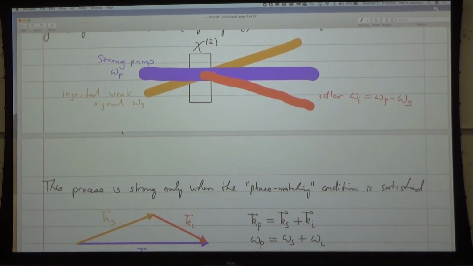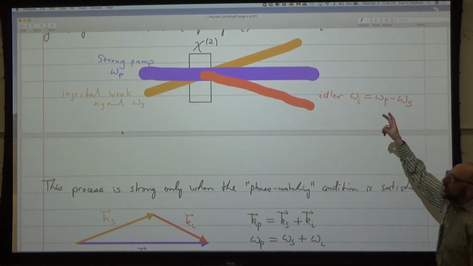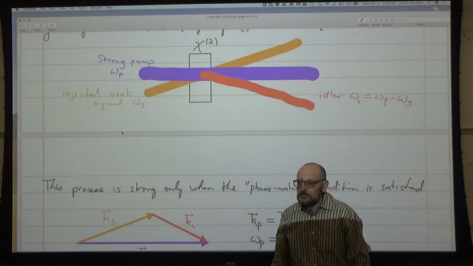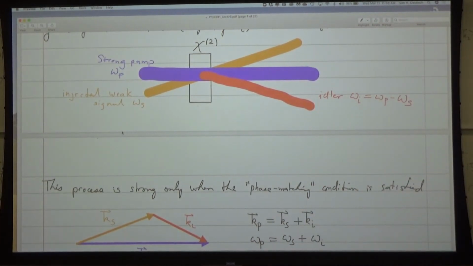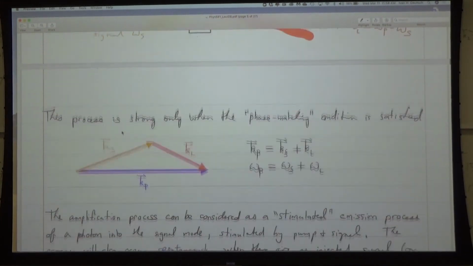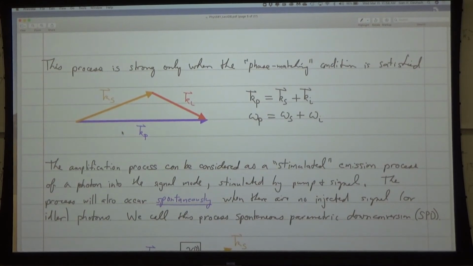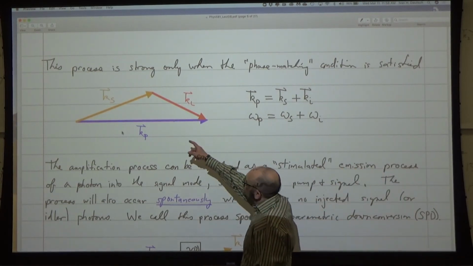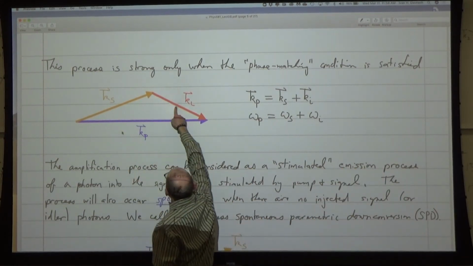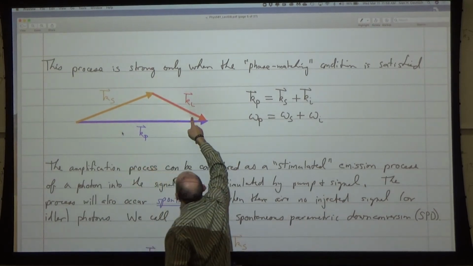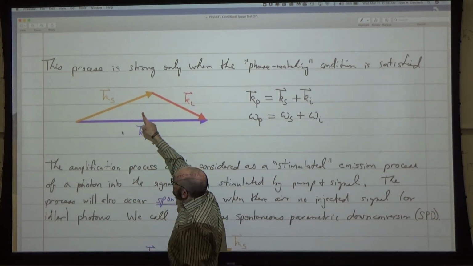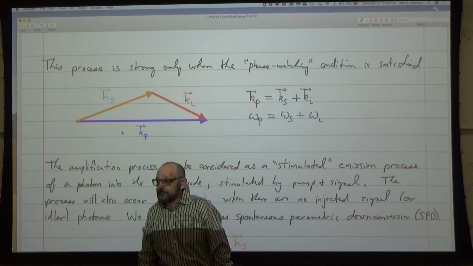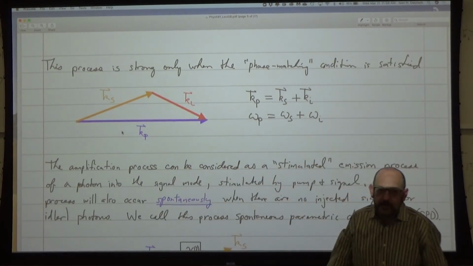And we saw how, for example, we can get squeezing that way. That squeezing is also associated with entangled photons, and it is the canonical source of entangled photons in quantum optics. Now you remember that in this particular case, the idler wave that would come out is the one that would satisfy phase matching in this three-wave mixing process.